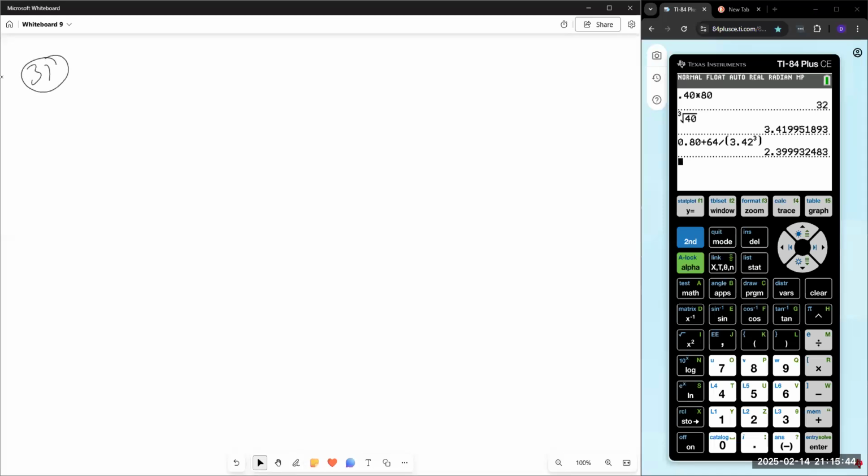Number 31 says an industrial tank of the shape described in exercise 30, which is two hemispheres connected by a right circular cylinder. So it looks like a capsule.